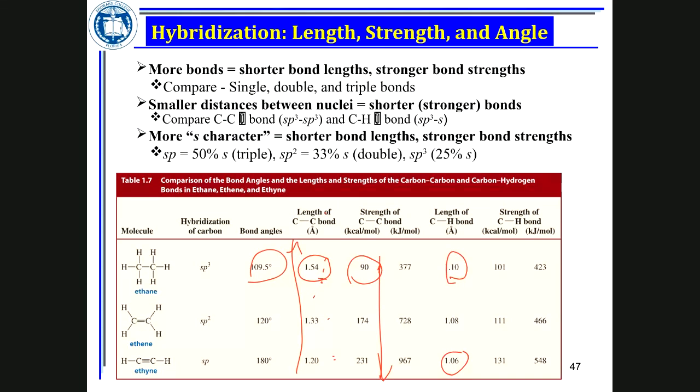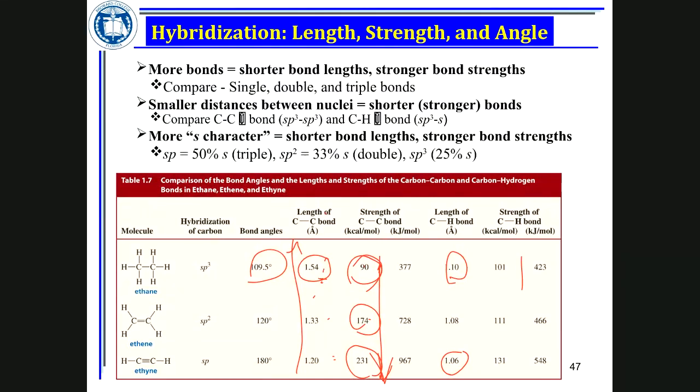You don't have to know the exact number in terms of the kilocalories per mole of energy needed to break, but you need to know the pattern. Triple bond is going to be much higher than double bond than single bond. And the same here is the pattern that you need to know.